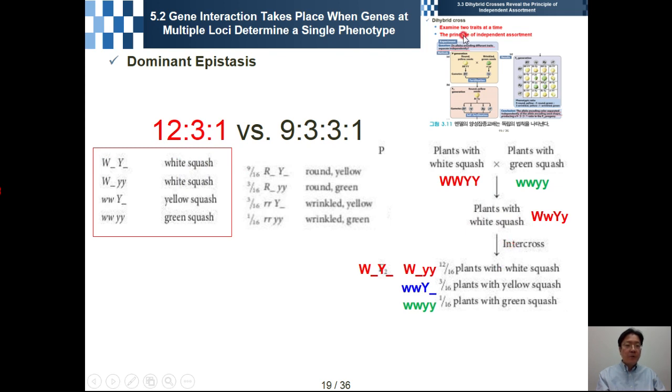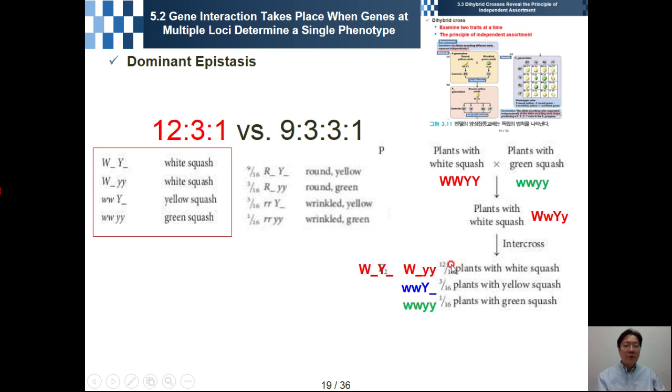After that, they did intercrosses. Because they follow the principle of independent assortment, the ratio will be 9, 3, 3, and 1. But large W with large Y, and also large W with small yy, give white squash.